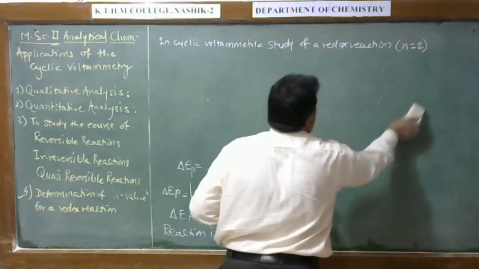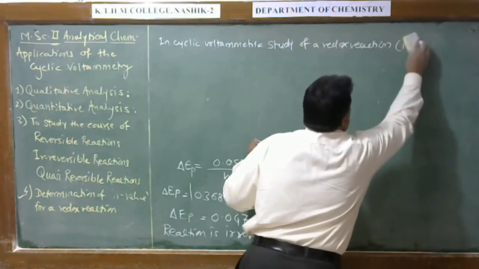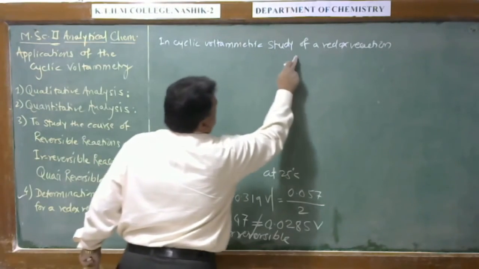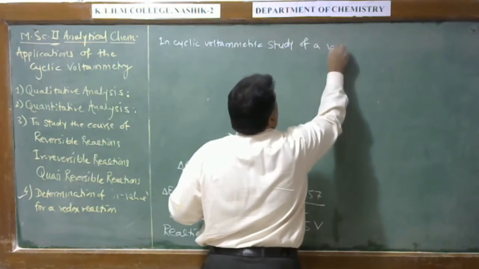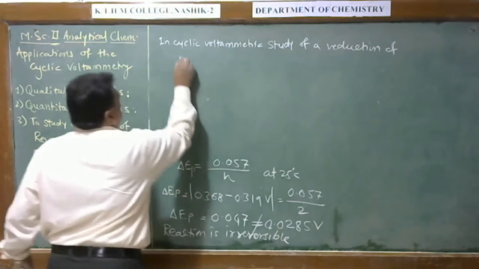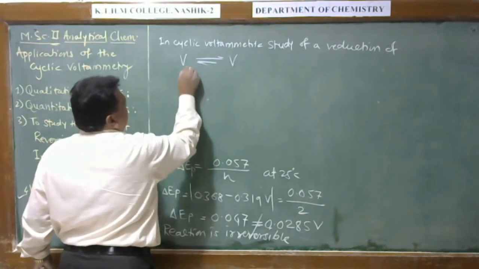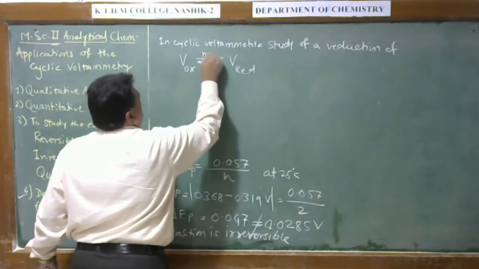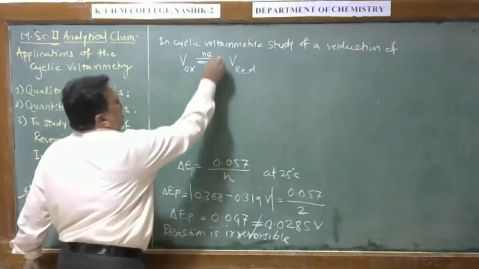In a cyclic voltammetry study of a reduction of analyte, reduction of vanadium to another vanadium, that is oxidant, here reductant, we have to find out how many electrons are involved in this reaction.